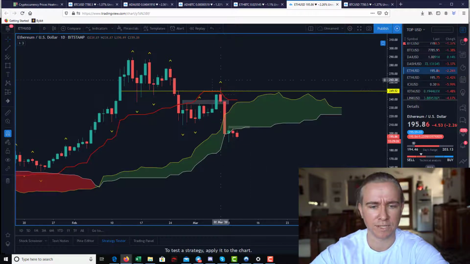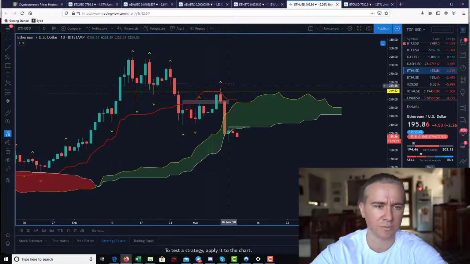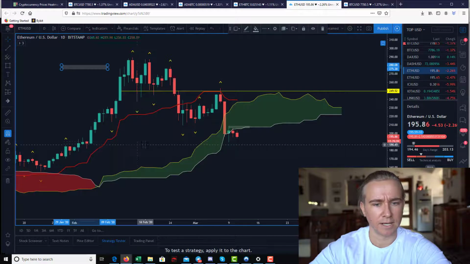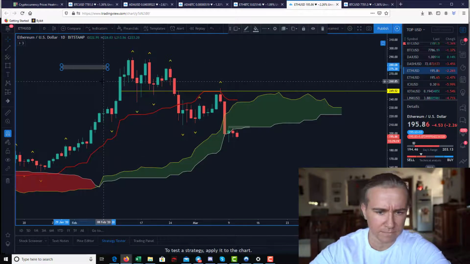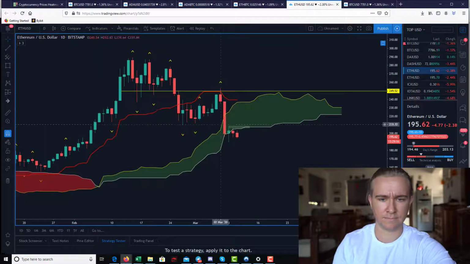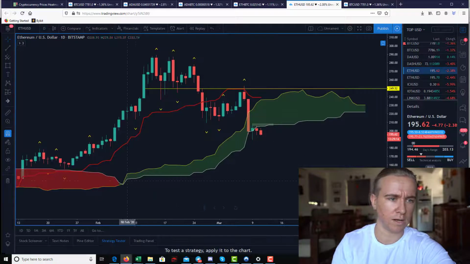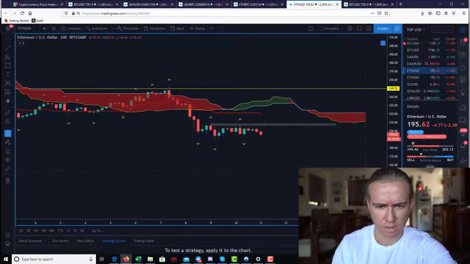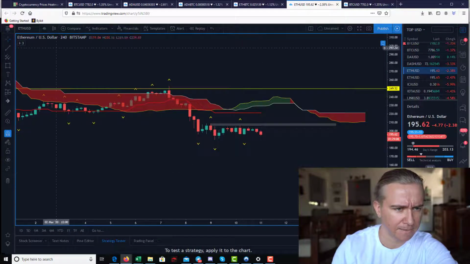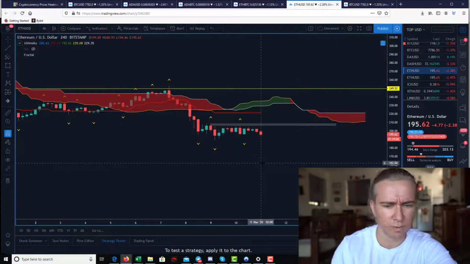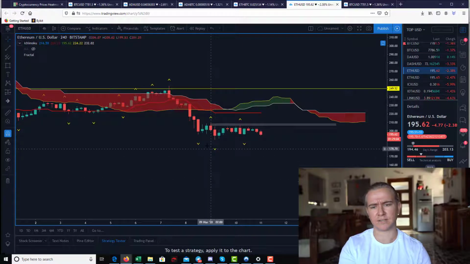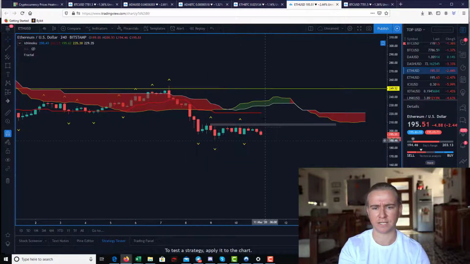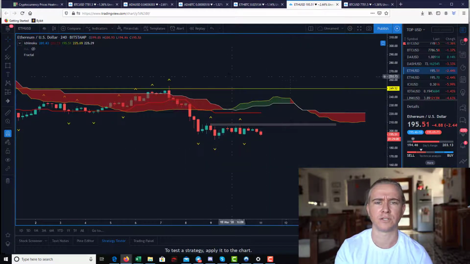Previously we got that nice touch of the Kijun to the downside, which was a great selling opportunity, which I didn't take part in. The Kijun is at, I think, 221, and we're just dancing around this level. Perhaps we'll get a bounce back up to the Kijun, or we're going to move further to the downside.